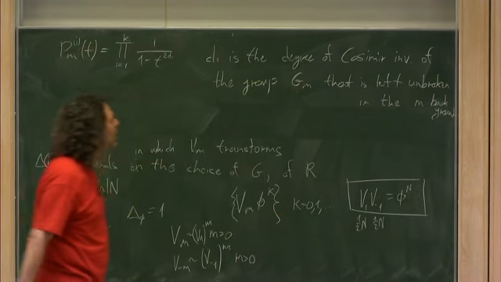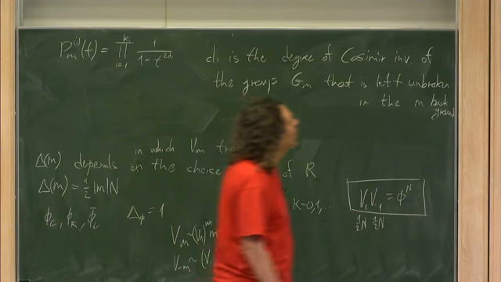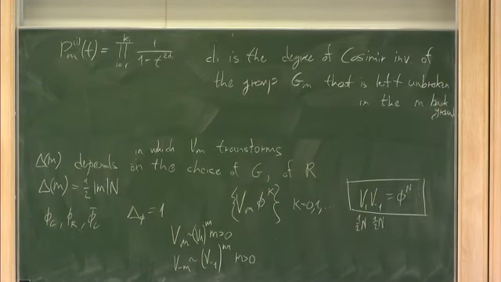If it was non-zero, it's U1. So the degrees of Casimir invariants were either 1 or 2.